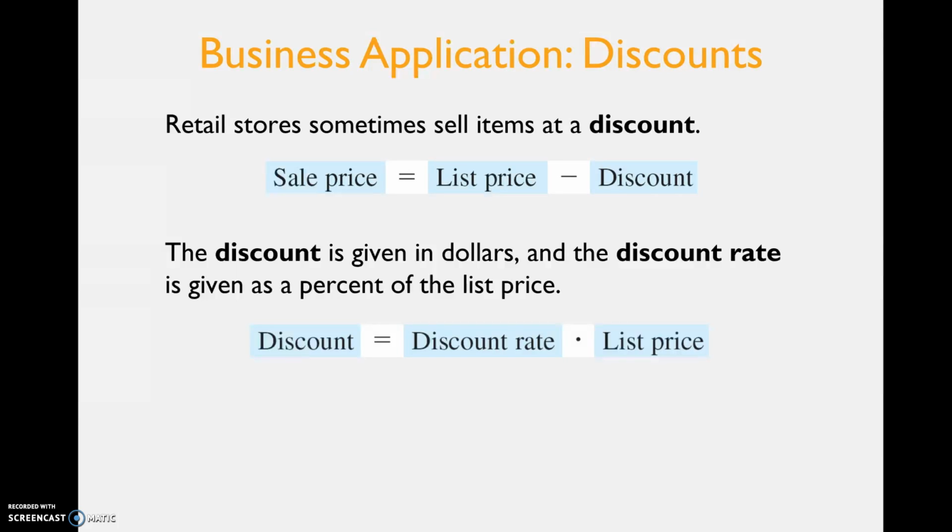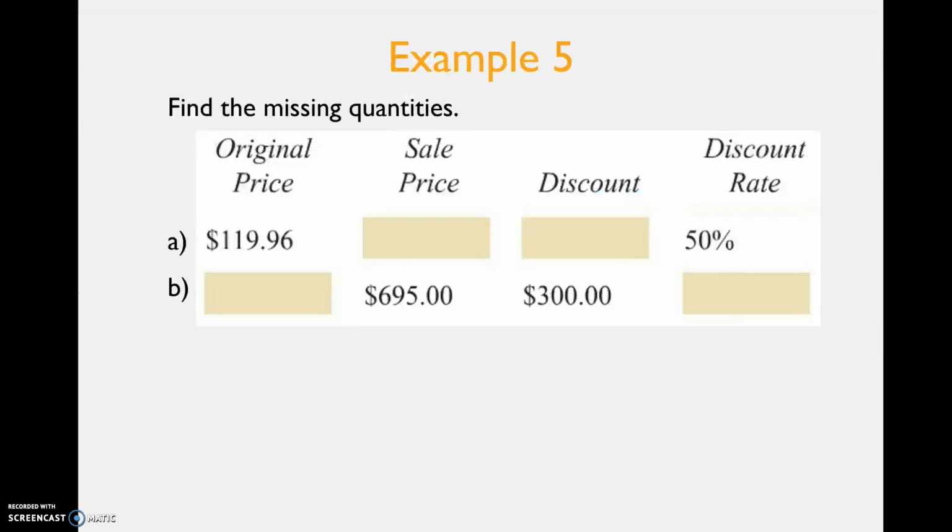The discount is the discount rate, like 40% off or whatever, times the original list price. Using those formulas, see if you can figure out the missing pieces in this chart.